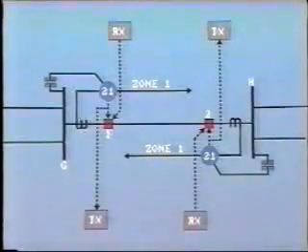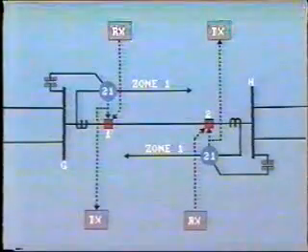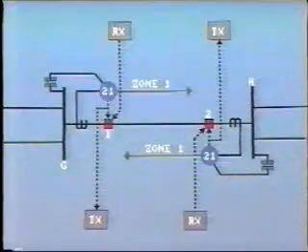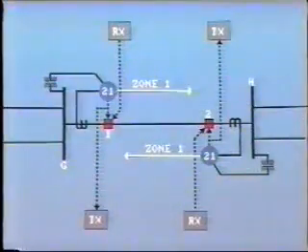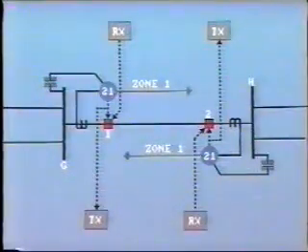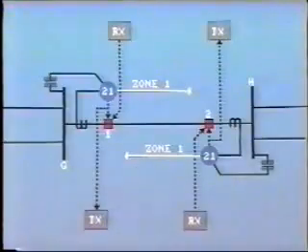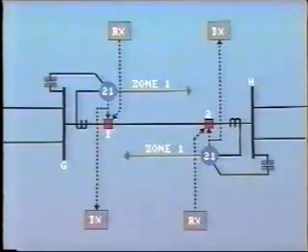Let's look at an example using distance relays, bearing in mind that a similar arrangement could be made for overcurrent relays. Here, the distance relays, Zone 1, are set to cover 80% of the line from their respective ends, and therefore overlap.